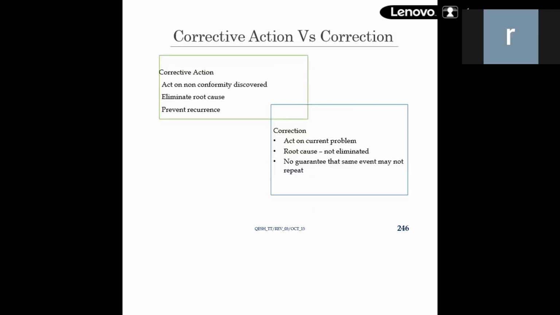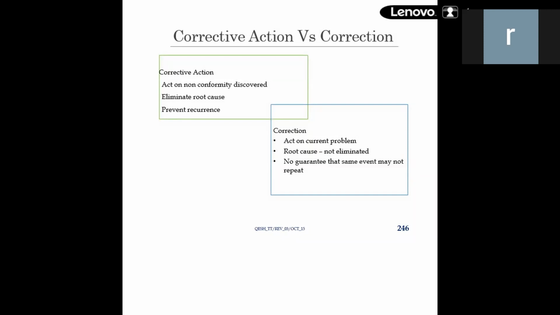So, corrective action versus correction. Corrective action is to act on the non-conformity discovered, eliminate the root cause and prevent recurrence. Correction is to act on the current problem, but the root cause is not eliminated, so there is no guarantee the same event will not be repeated.